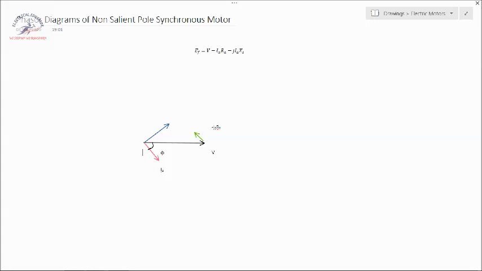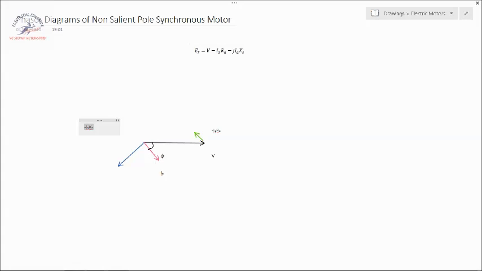So this vector is IaXs, but I want minus IaXs. So I will reverse its direction. I will just take that vector and draw it in the opposite direction. This will give me minus IaXs, and this vector I have to shift to a point after the vector IaRa.